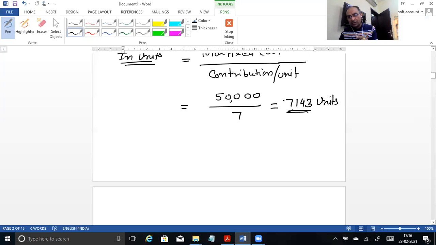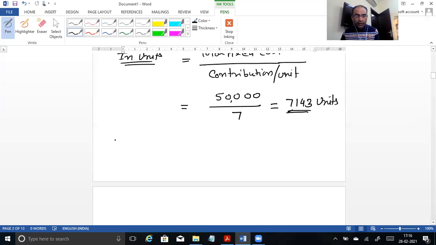Just after this, when we sell the 7144th unit, there will be a pure profit of 7 rupees because contribution is 7. So after that, profit will start. Clear? Up to this point, there is no profit.